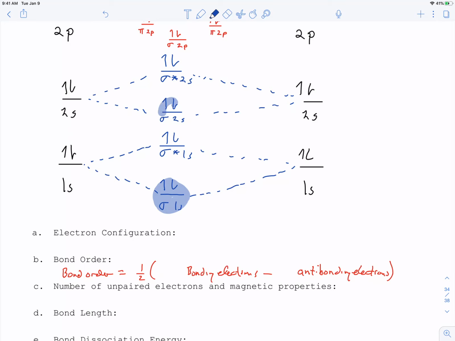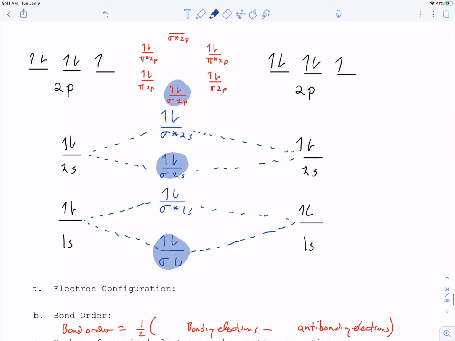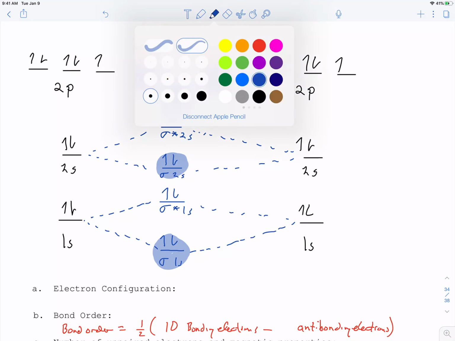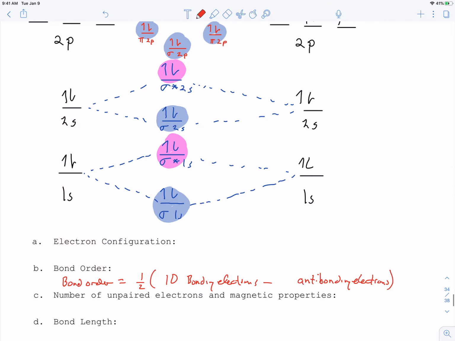So that's 2, 4, 6, 8, 10 bonding electrons. So I'm going to put a 10 here. And then let's do the anti-bonding. 2, 4, 6, 8. We'll put an 8 here.